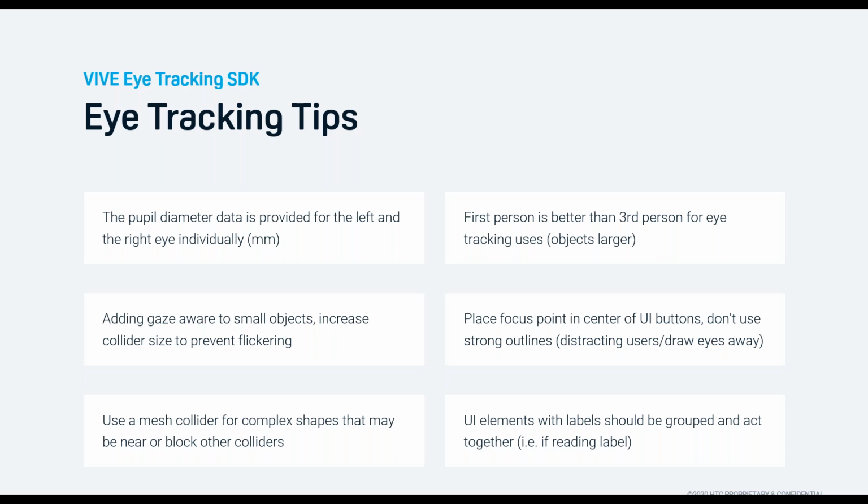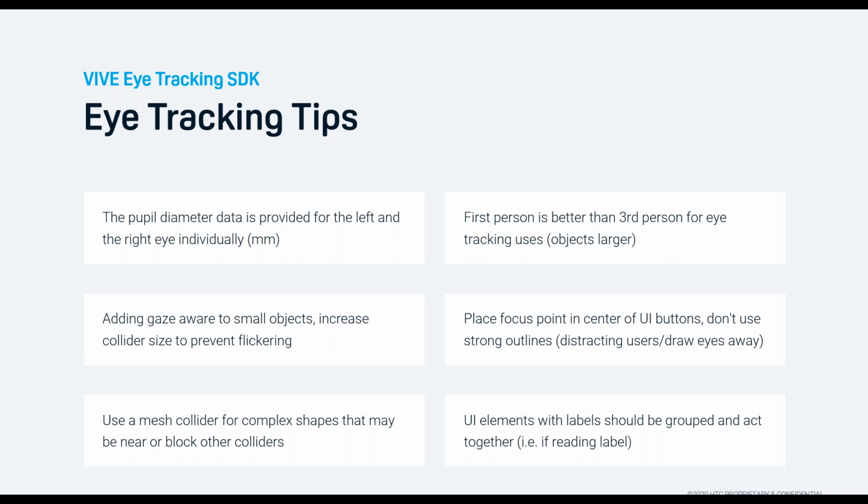If you're working with UI elements and buttons, be careful with strong outlines or any elements that may be near the button but draw the user's vision away from the center. Those can distract. And also on UI elements, if there are labels, it's important to group the label with the button, so if the user is reading the label, you can also treat it similarly.